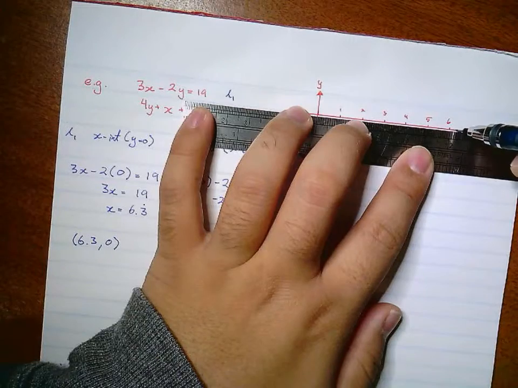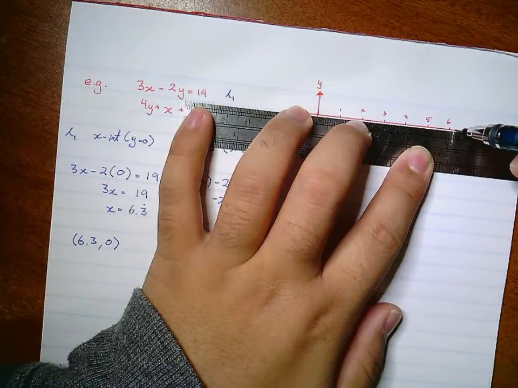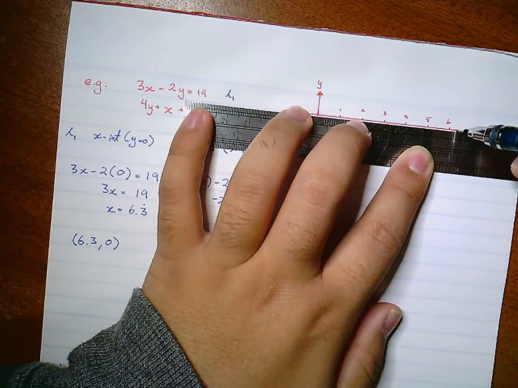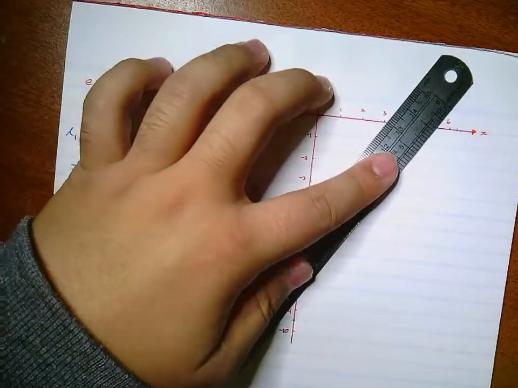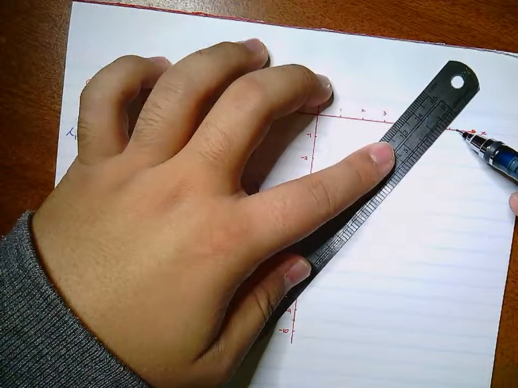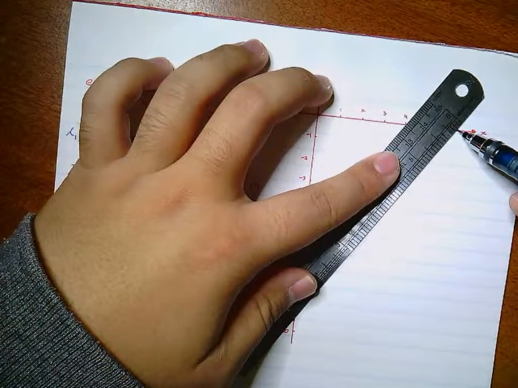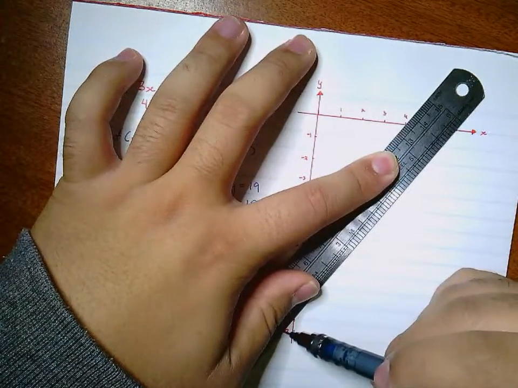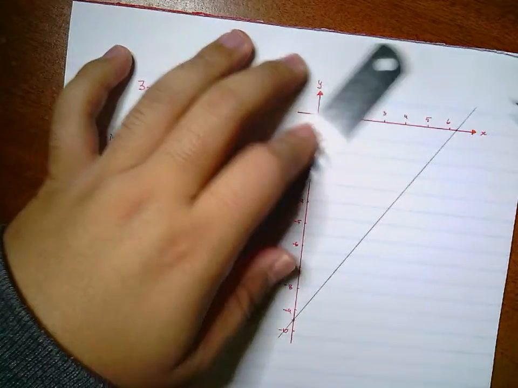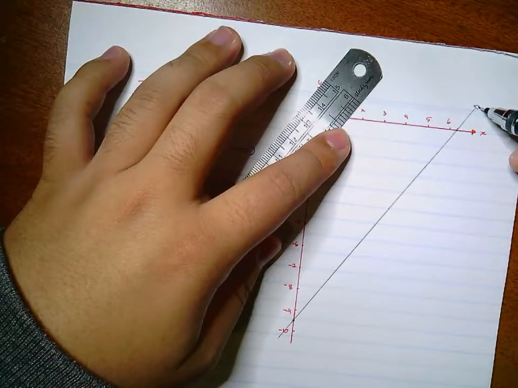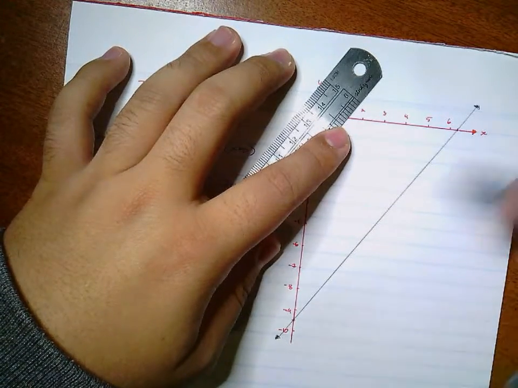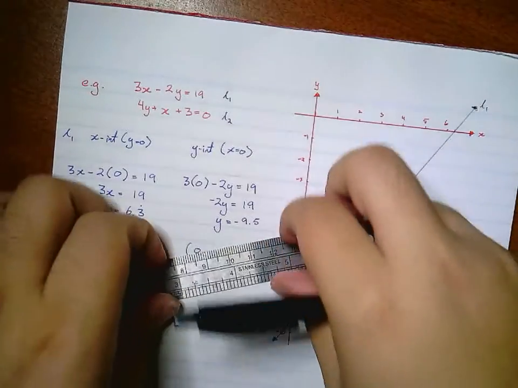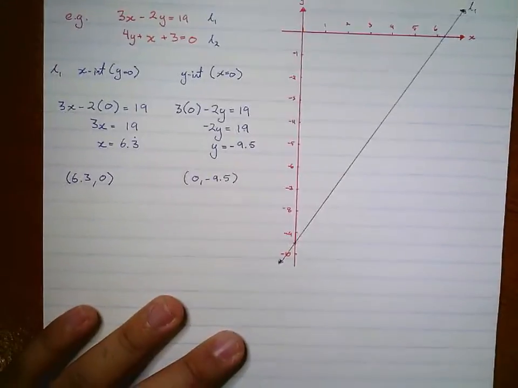Okay, 6.25, so it's slightly over. So let's just put it right there. Connecting these 2 points. There we are. That's line 1. Let's move on now to line 2.